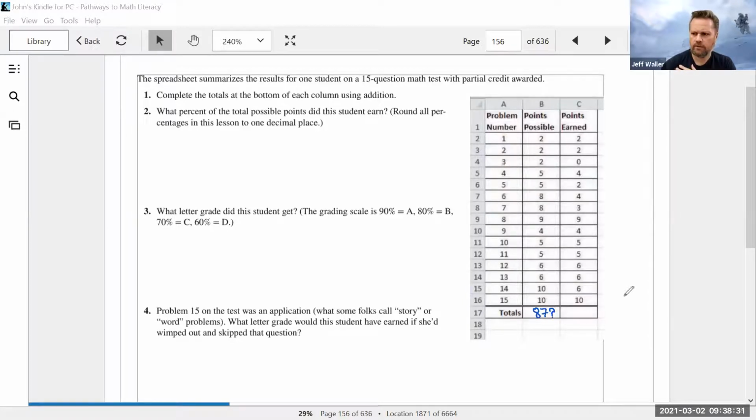And of course, what's for column C? I think it's 68. Is that right? Yeah, it's 68, right? You guys with me out there? I can only see one person. It's okay. I'm not going to go insane.